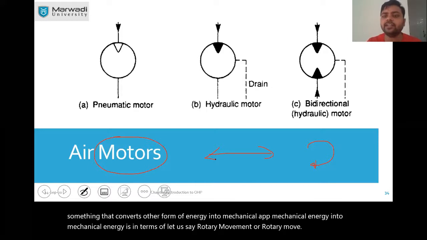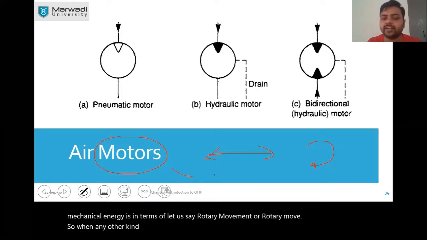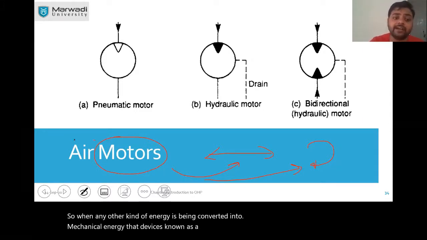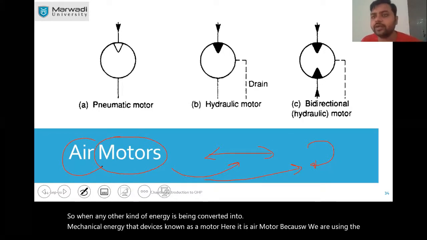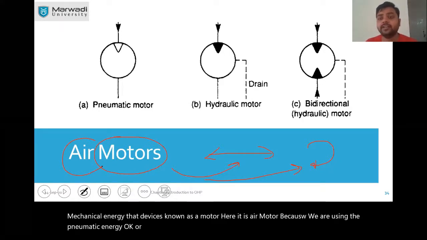So when any other kind of energy is being converted into mechanical energy, that device is known as a motor. Here it is an air motor because we are using the pneumatic energy in the air to operate these pneumatic cylinders.